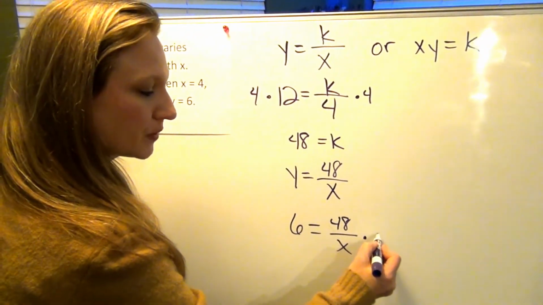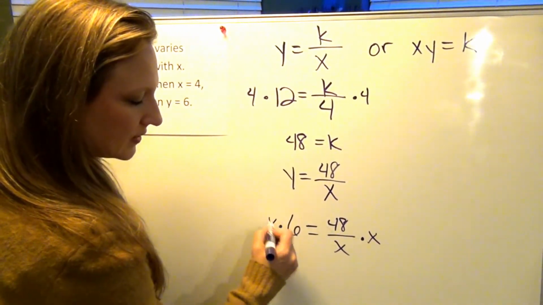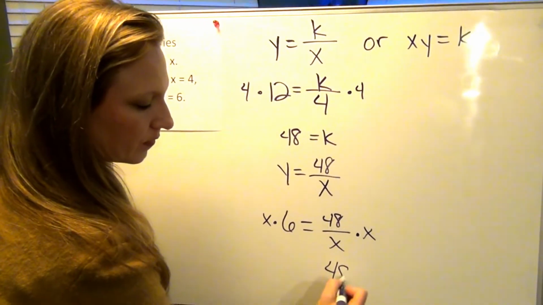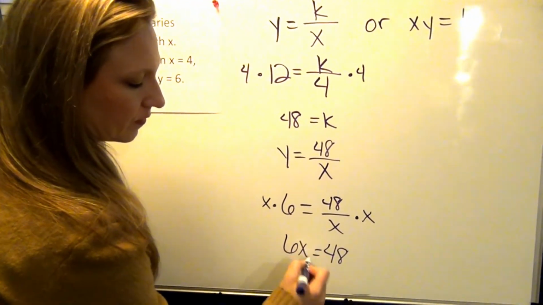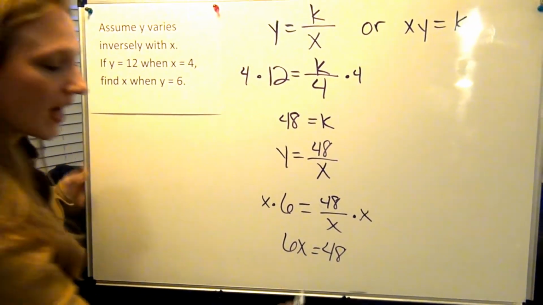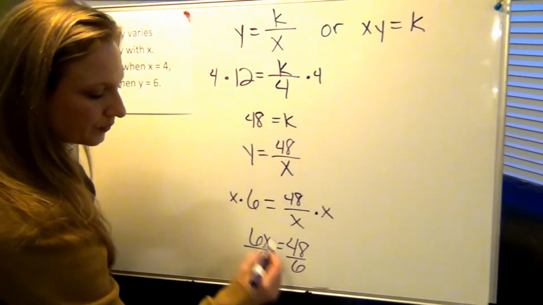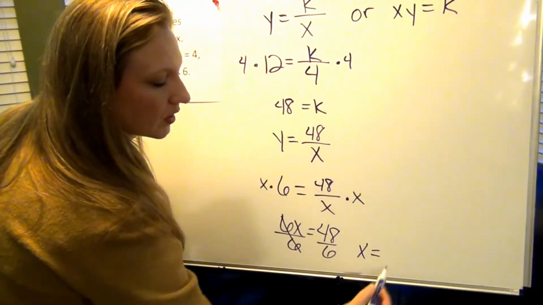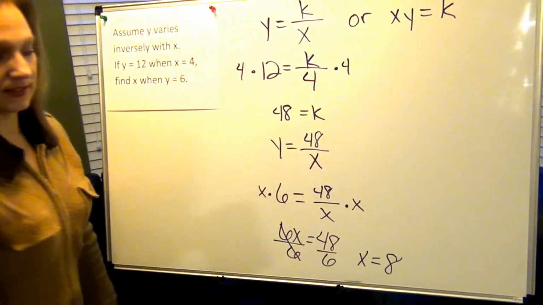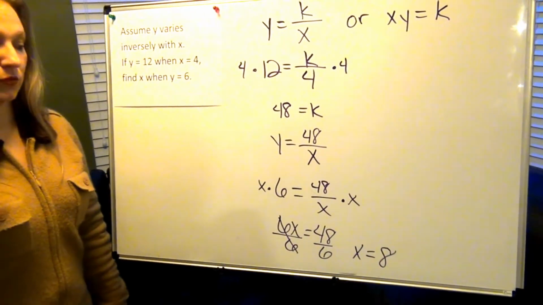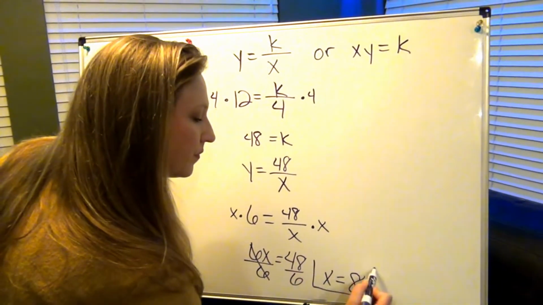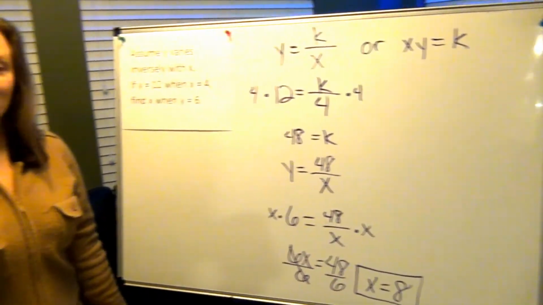So you would multiply by x on both sides, then you would divide by 6. So x is going to be 8. 6 goes into 48 8 times. And that's all you would do.